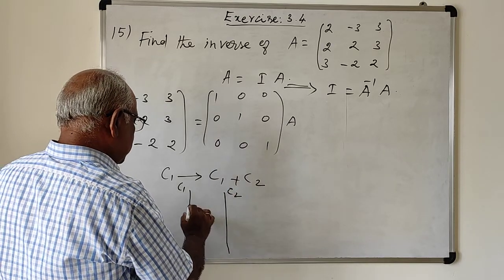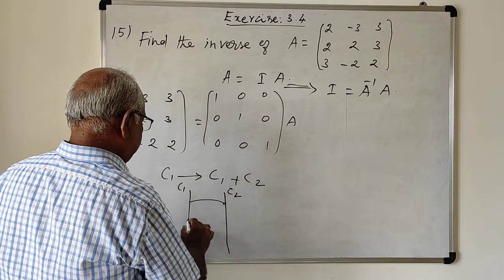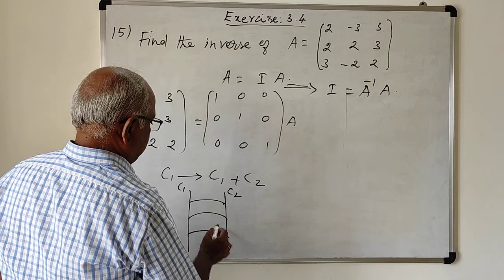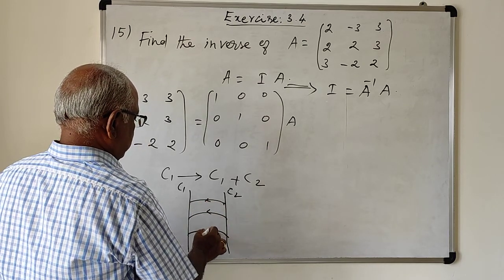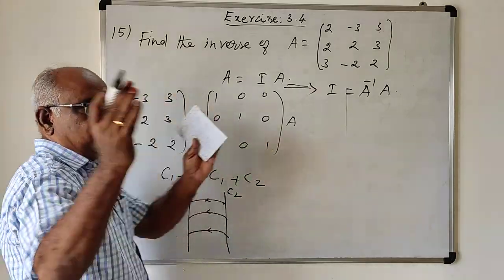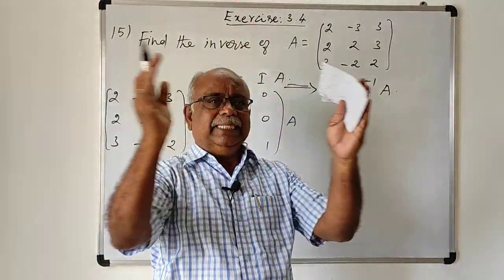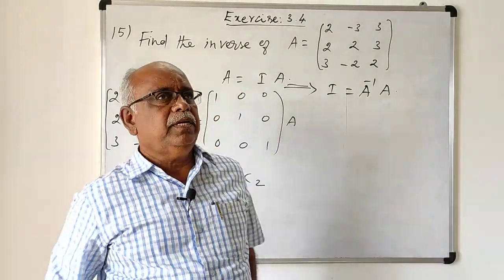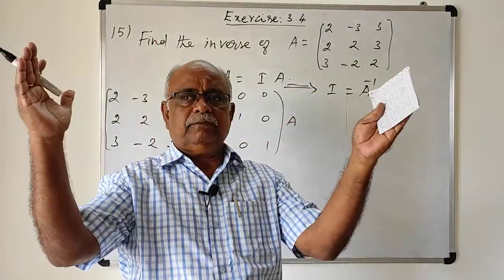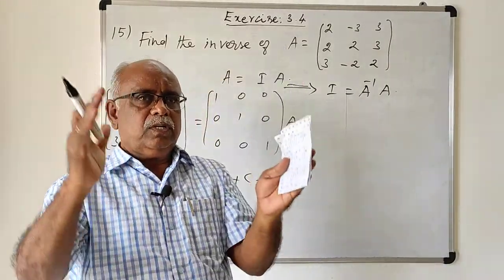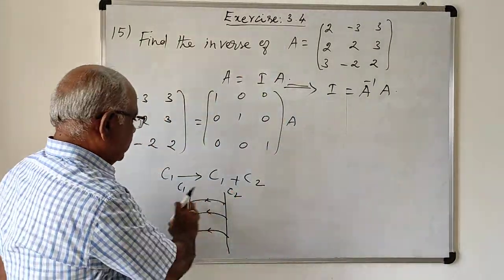C1 plus C2 means adding the elements of column 1 and column 2 and writing the result in column 1. Adding the columns is called vertical addition, where you add element-wise.